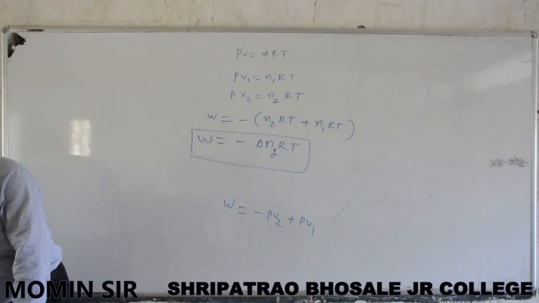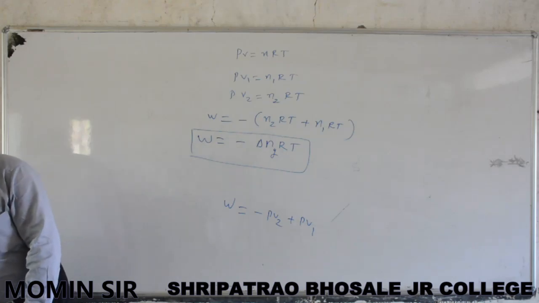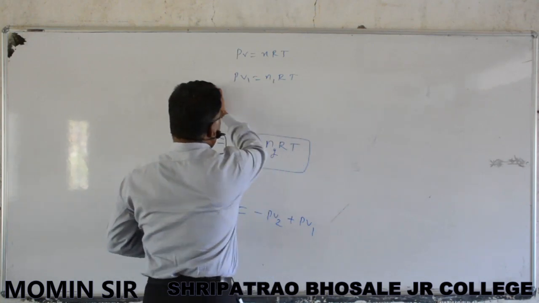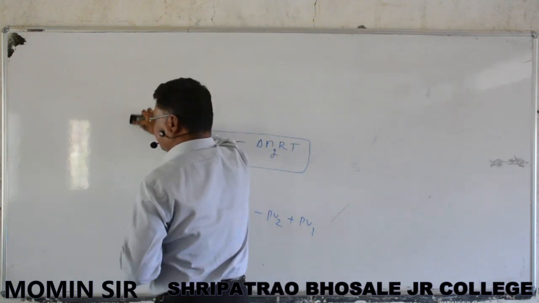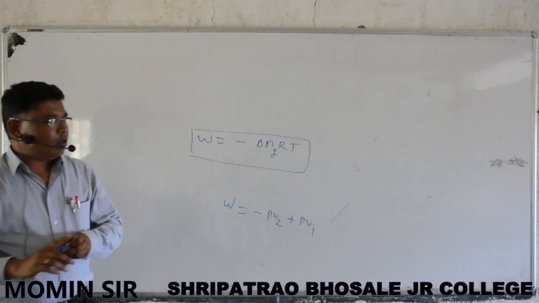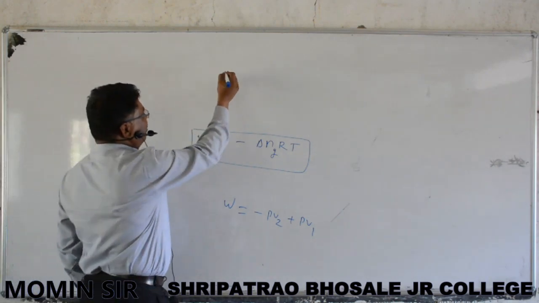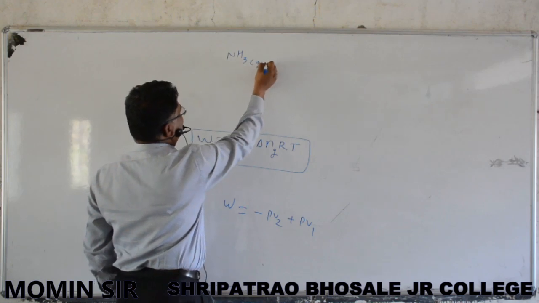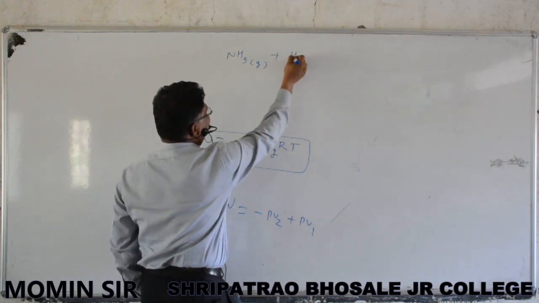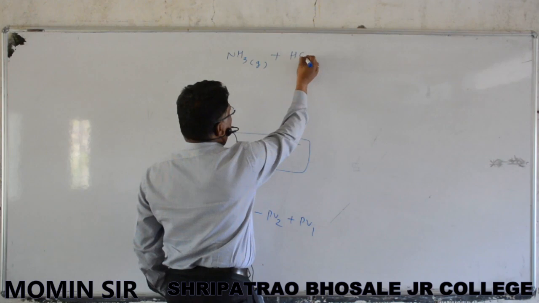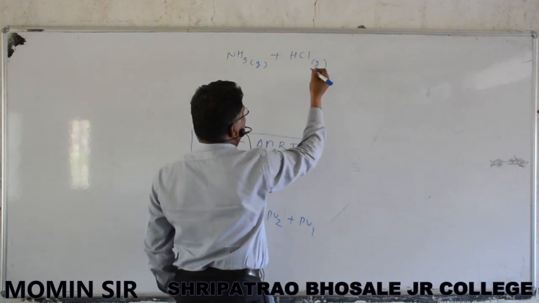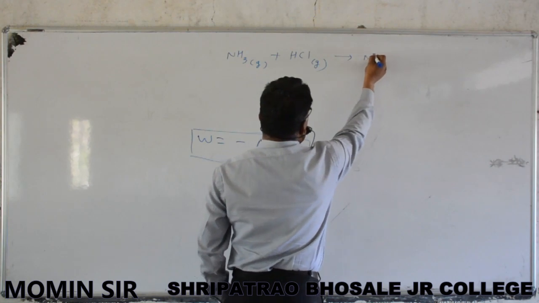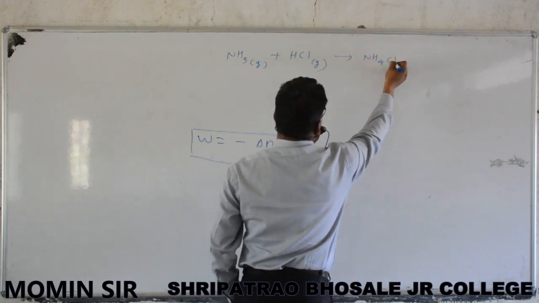Okay, now another example, for example, NH3 gaseous plus HCl gaseous gives NH4Cl solid.